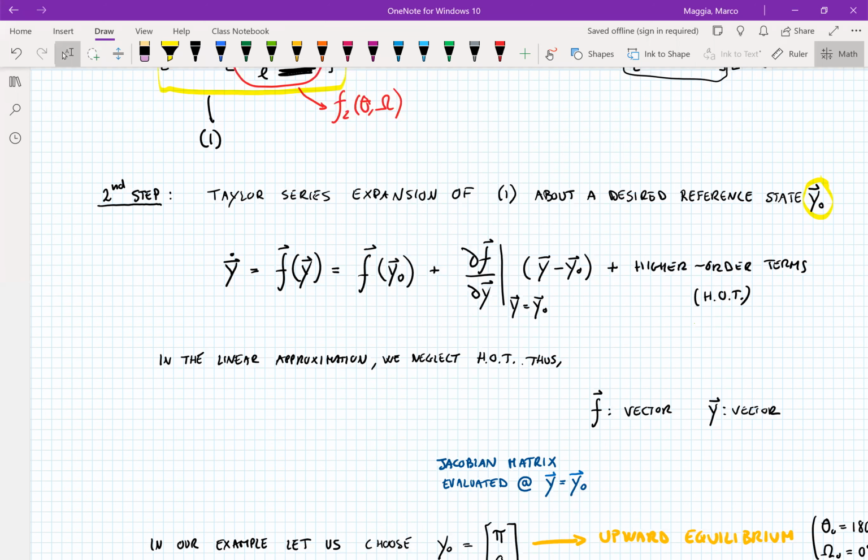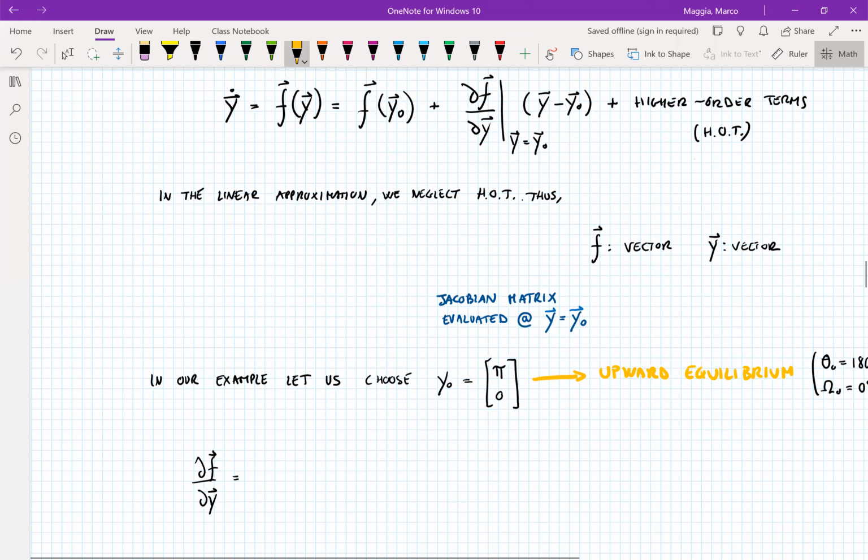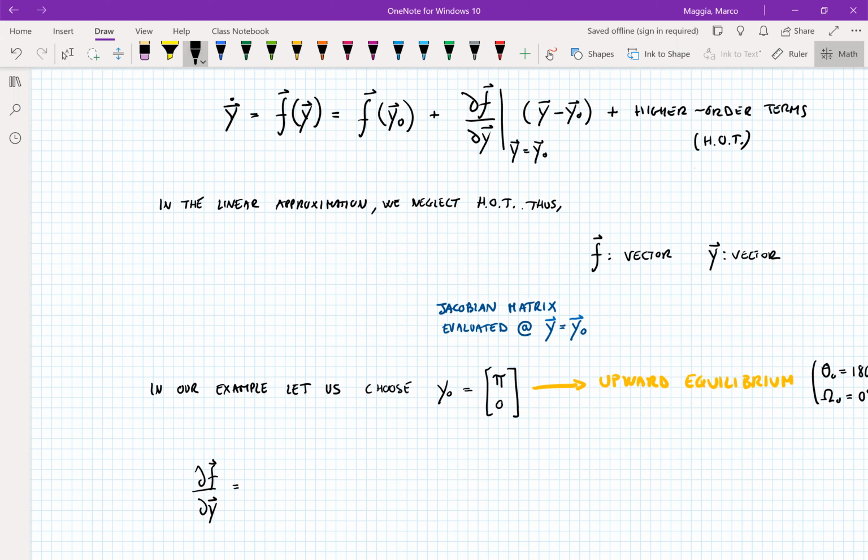Well, since we are linearizing, we only care about the first order. So that's why I didn't bother writing down the higher order terms, because we're going to ignore the higher order terms and just retain the first order. So in other words, the linear approximation of a nonlinear system is the following, and we're going to call it f L for linear.